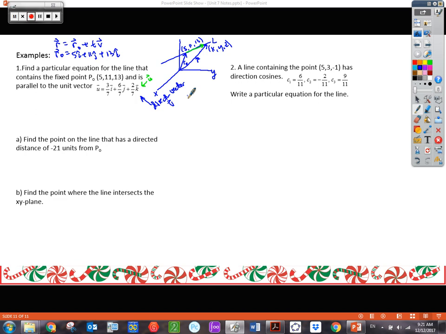Now we're going to put all of those together to write our equation of the line in vector form. I put R0 here, which was 5i plus 11j plus 13k, plus t times my direction vector, which is 3/7 i plus 6/7 j plus 2/7 k.